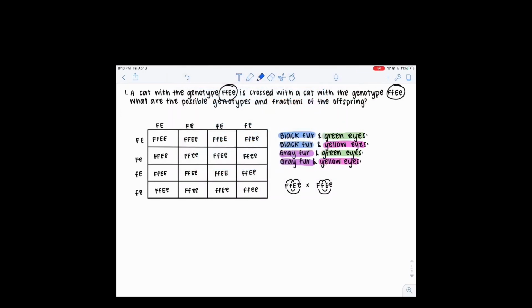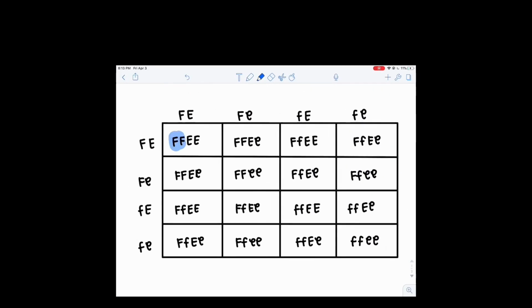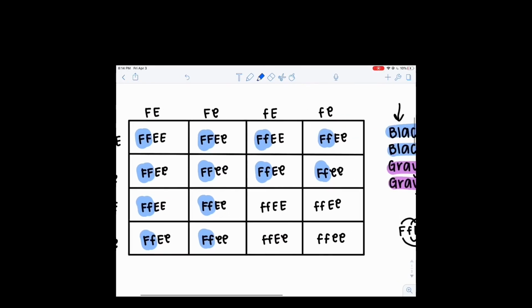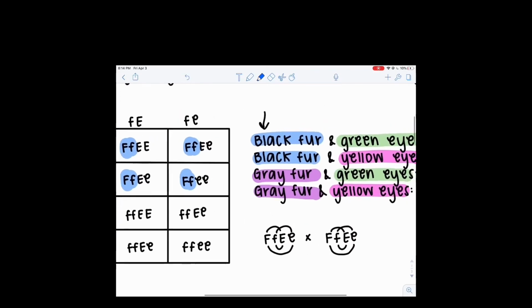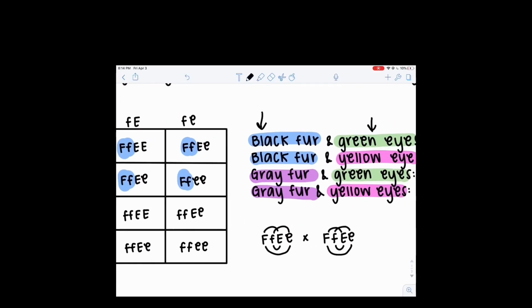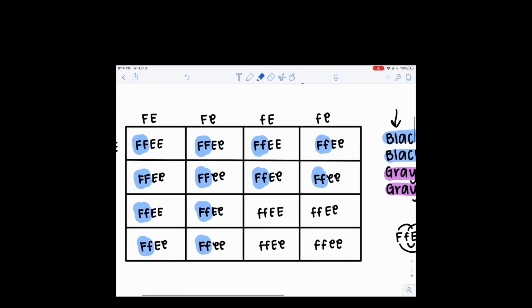So since the black fur is dominant, any genotype with a capital F in it will have black fur because it is dominant and it hides the recessive lowercase f. So now we're going to be looking for the green eyes, which is dominant, so anything with a capital E will have green eyes.